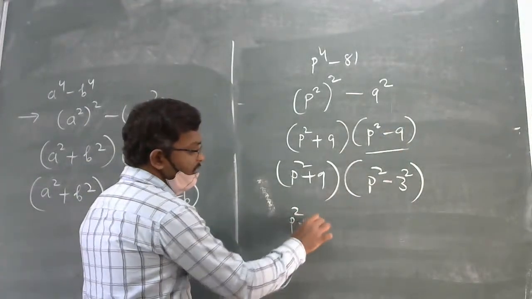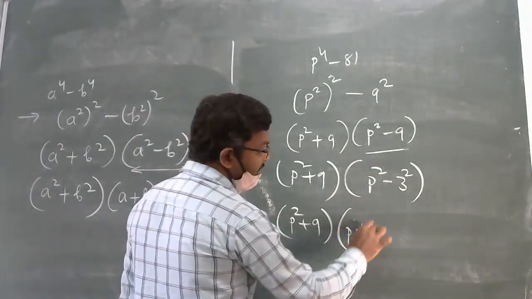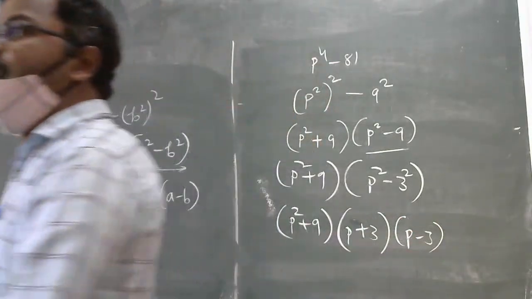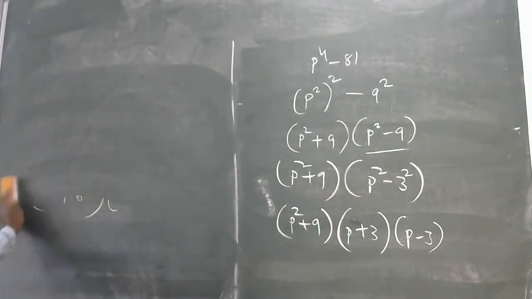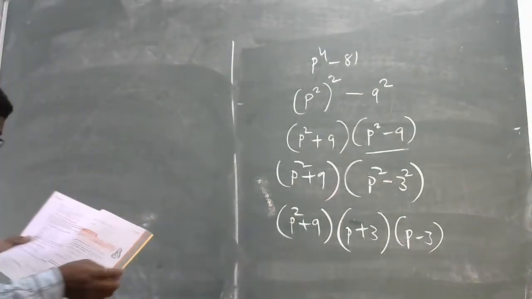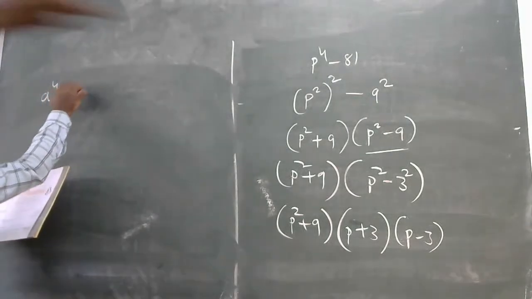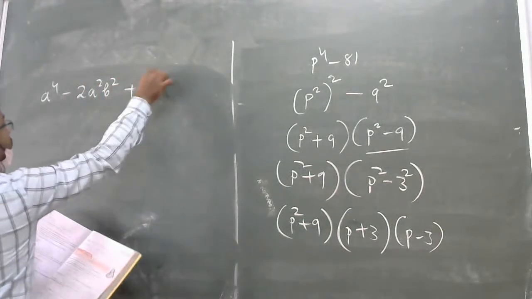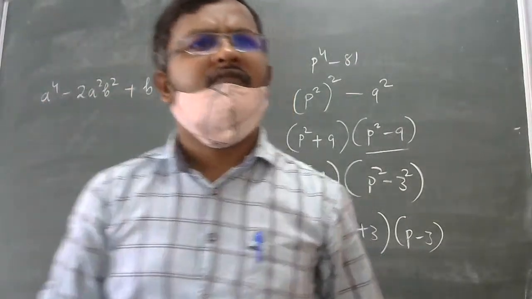So p square plus 9 into this, again we can write it as p plus 3 into p minus 3. So we need to do it two times. Okay.